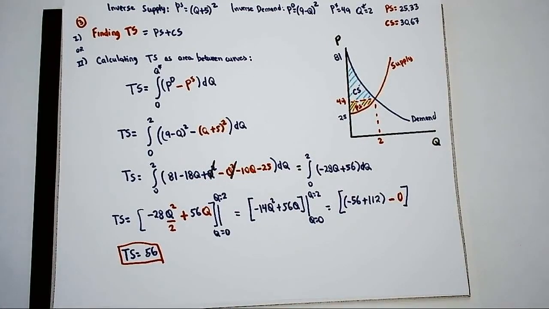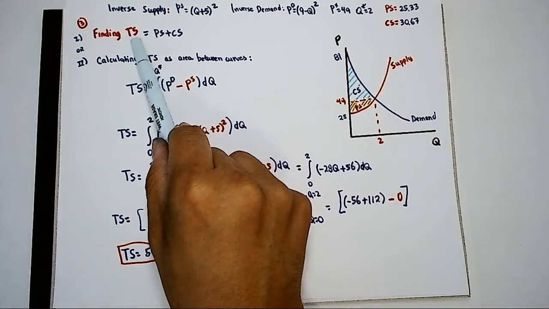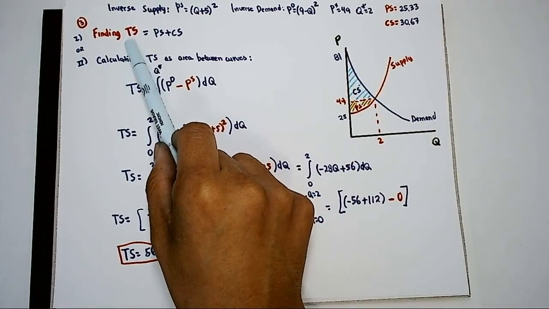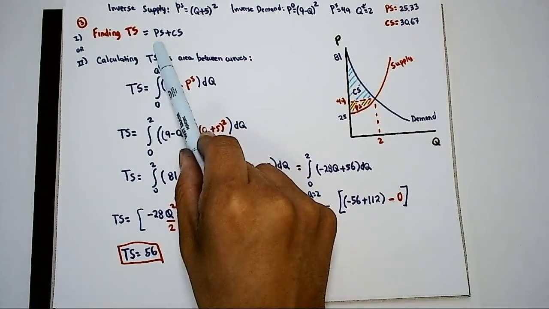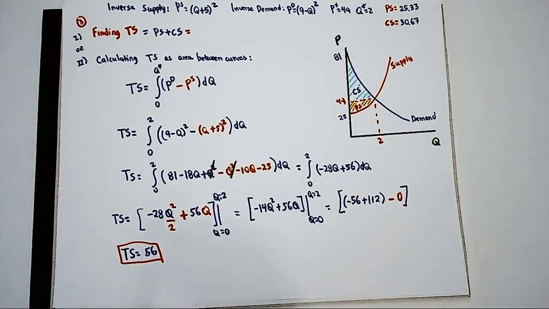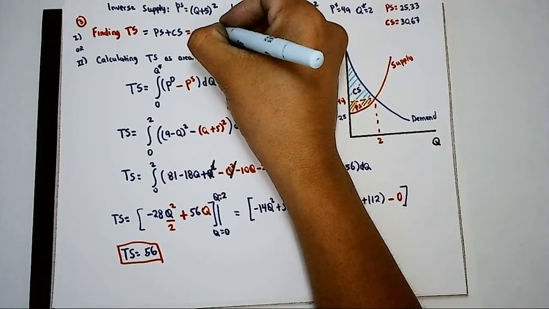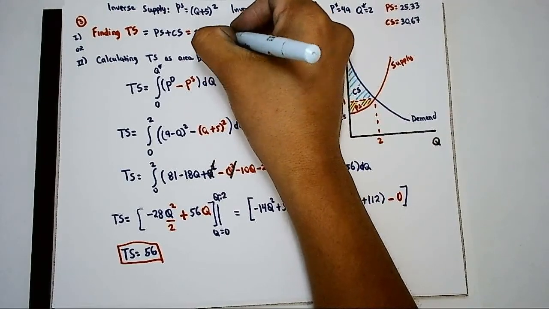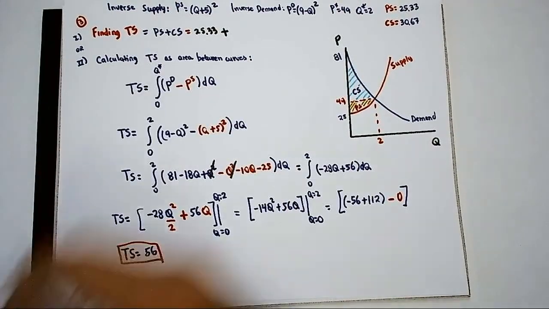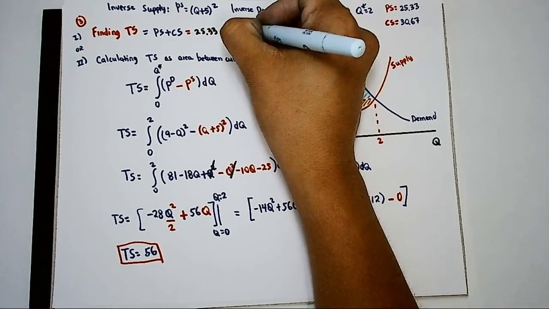Now, let's use the first method. Total surplus is equal to producer surplus plus consumer surplus. Producer surplus was 25.33 plus consumer surplus was 30.67.